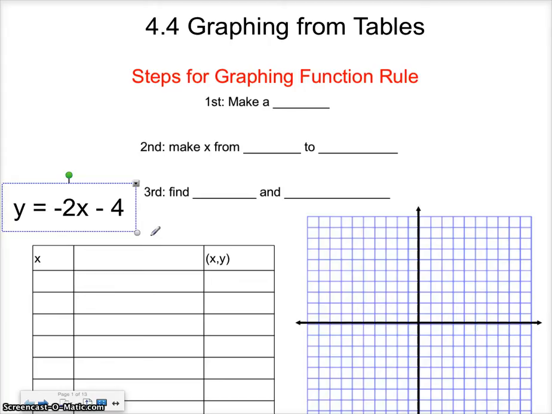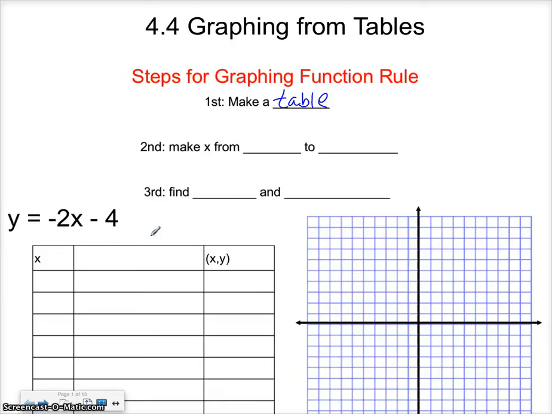So, here are the steps. The first thing you do is make a table. I have them all made for you, but sometimes they're not made for you and you have to make them yourself. The second thing you do, make x go from -3 to +3. You want some negatives and some positives.